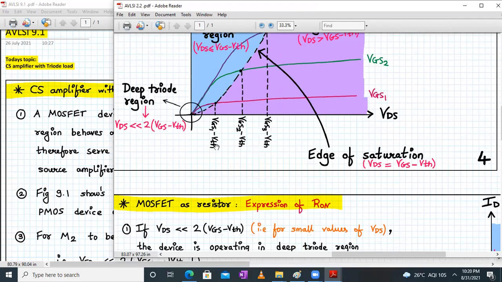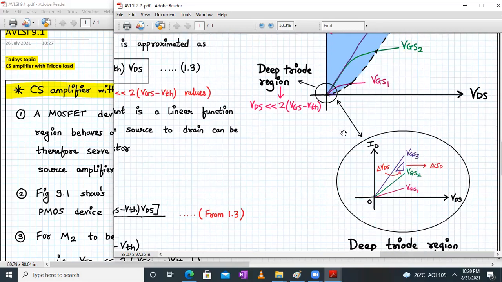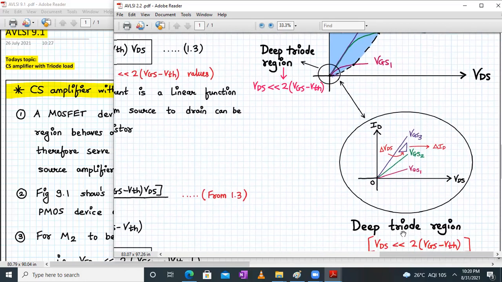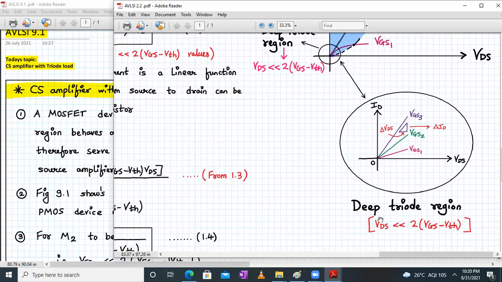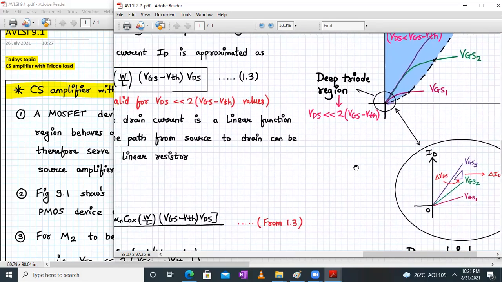In the deep triode region specifically, as you can see in the expanded view, for very small values of VDS, you get a current which is behaving linearly with the voltage. This region is called the deep triode region, wherein the condition is that VDS should be very much smaller than twice VGS minus VTH. Under this condition, your MOSFET will behave as a resistor with the on-state resistance R on.